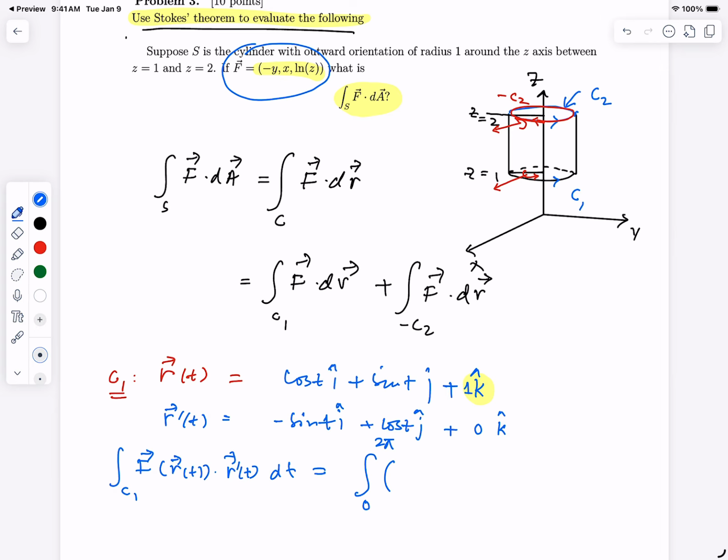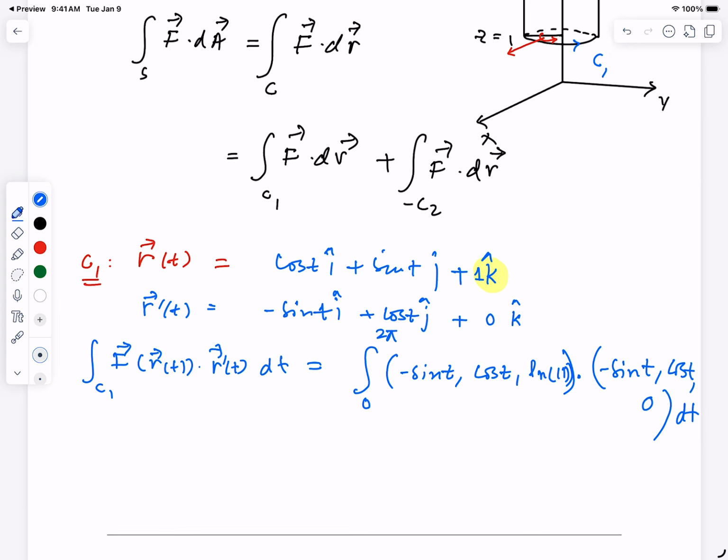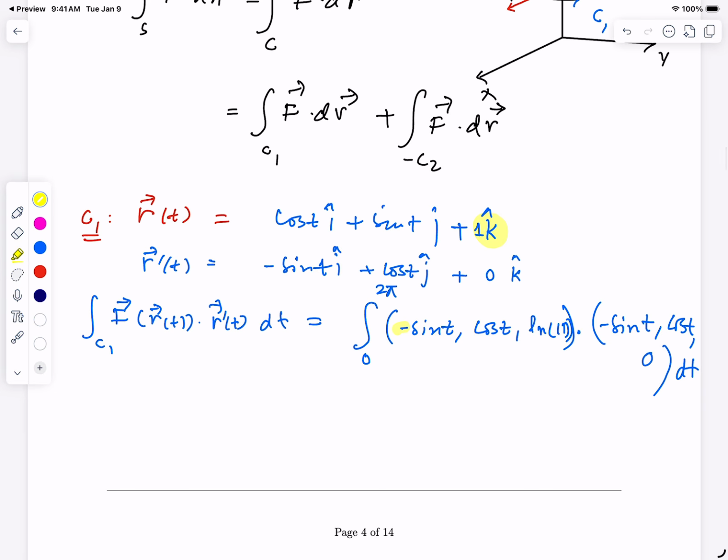So if I use the exact notation given here, then y is equal to sine t, so negative sine t, and x is equal to cosine t, and z is equal to 1. So this is natural log of 1, dotted with r prime of t, which is negative sine t, cosine t and 0, dt. Are you getting this notation?